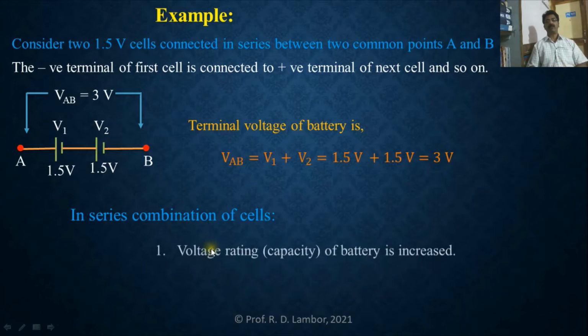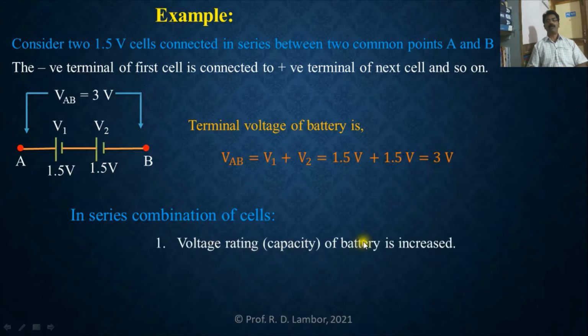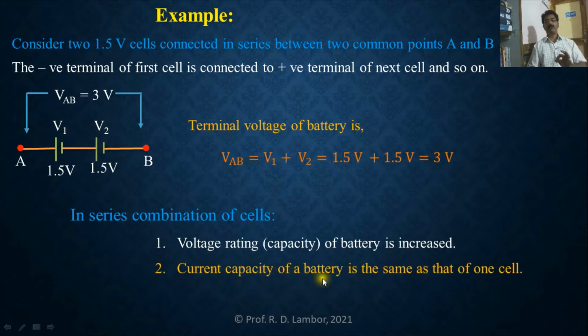First, the voltage rating or voltage capacity of the battery is increased, and that voltage rating is equal to the sum of the voltages of the cells connected in series. But the current rating or current capacity remains the same as that of one cell.